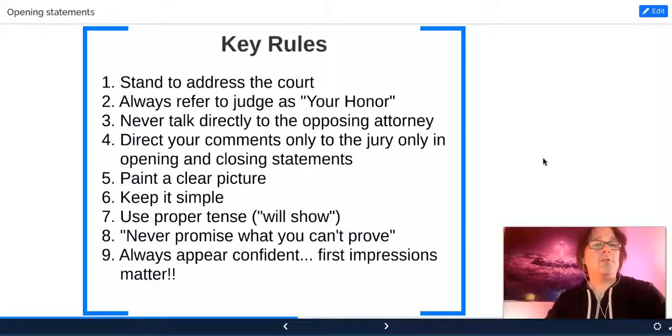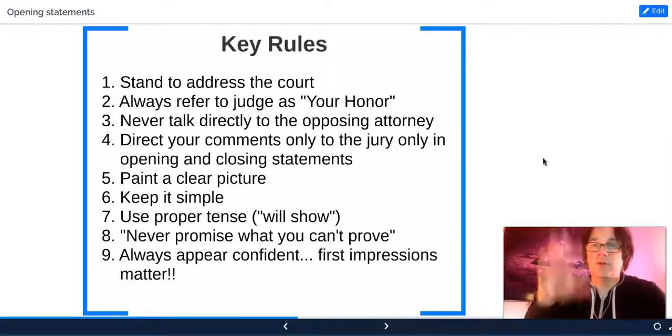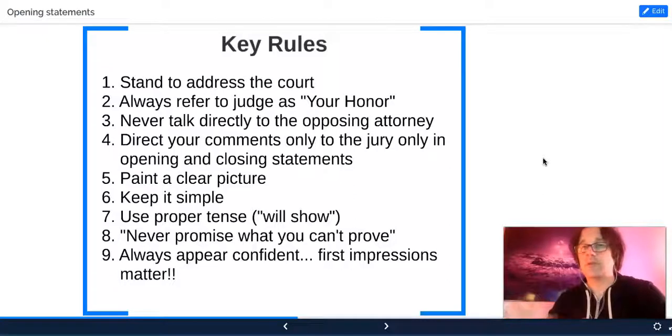You never want to talk directly to the opposing attorney. So any communication has to go through the judge. You don't talk to the other attorneys at all, the other side. Any communication would go to the judge, and the judge would pass that information on or tell you, no, forget it, we're moving on. But don't talk directly to the opposing attorney.